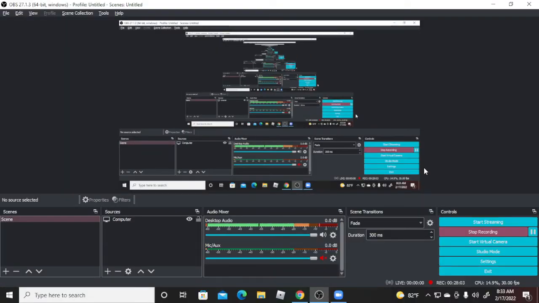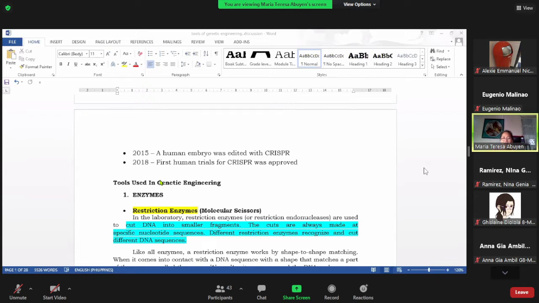Okay. Scientists did not stop using the DNA in 2018. Until now, they are still using the DNA to discover many things for the improvement of life, to modify and improve organisms, specifically crops and livestock.